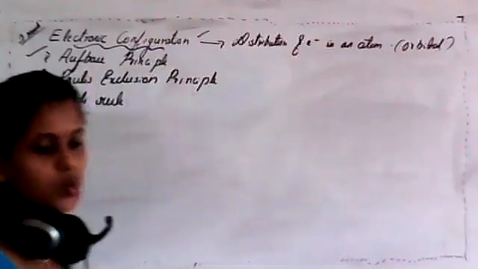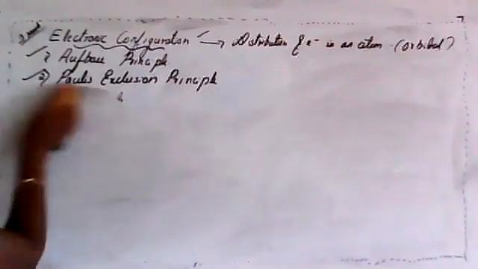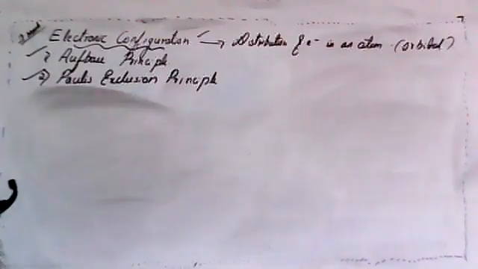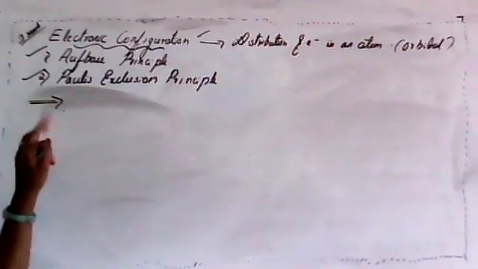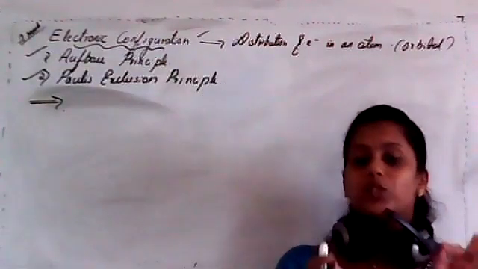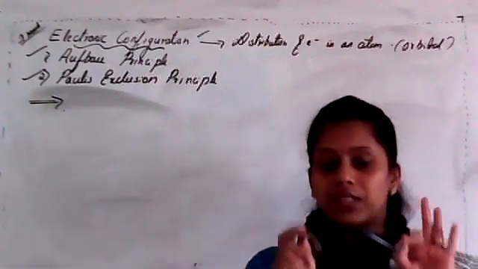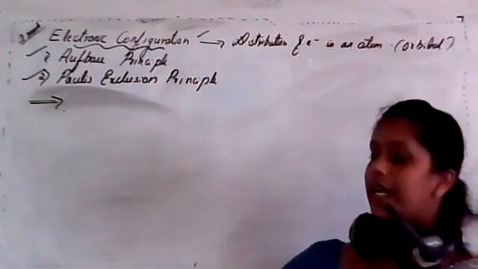Okay, so next one is Pauli exclusion rule or Pauli's exclusion principle. According to this, as I already mentioned, no two electrons must have the same sets of 4 quantum numbers. I already mentioned that, isn't it?